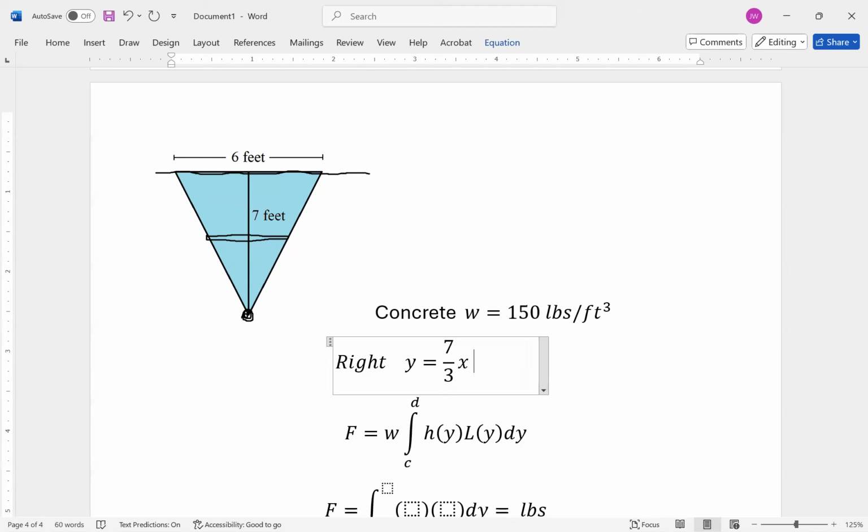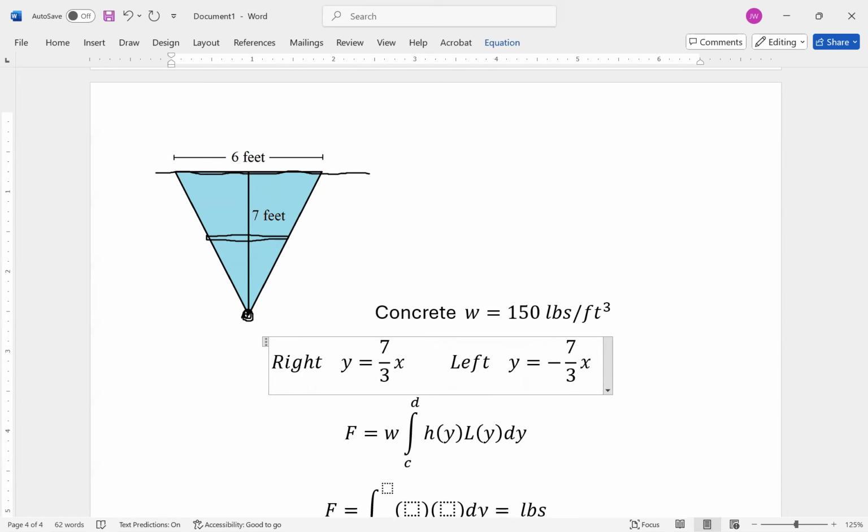So the right is y equals 7/3 x. And the left is going to be y is equal to, we're going up 7 and to the left 3. So that's going to be negative 7/3 x.